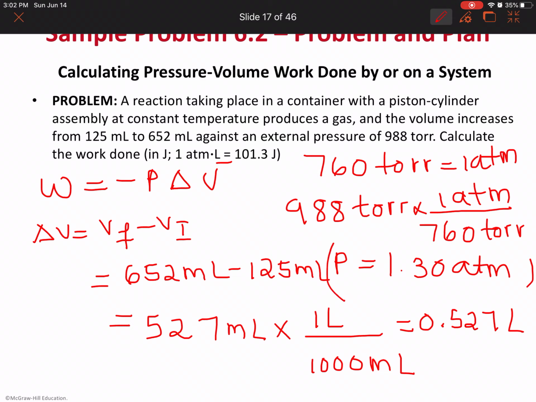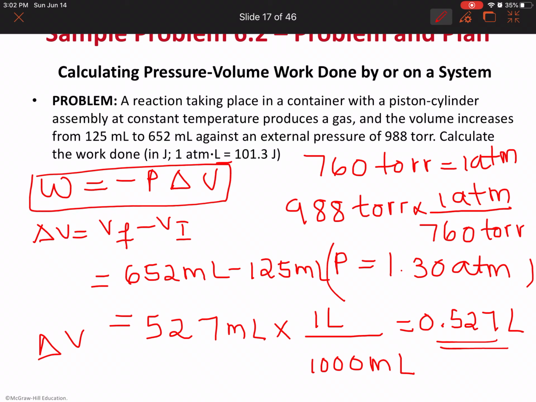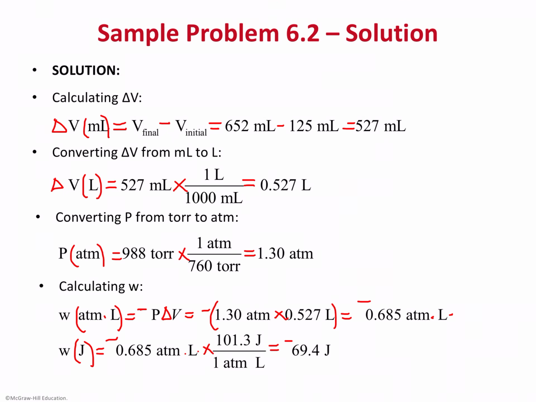Now that is the pressure. We found the volume change, delta V, 0.527, and we can use the equation W equals negative P delta V. So the pressure is 1.3 atm and the volume is 0.527 liters. We're going to multiply those together.